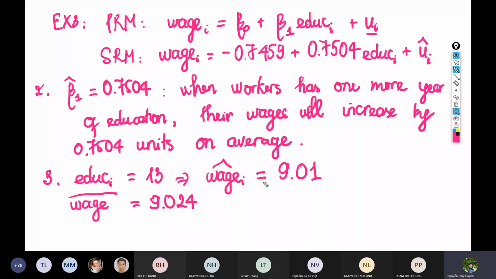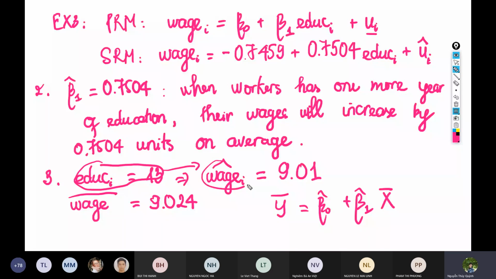Do you remember one characteristic of the sample regression model is that it passes through the sample mean of x and y, which means that the sample mean of y is equal to beta 0 hat plus beta 1 hat times the sample mean of x. Here we should have wage equal to the sample mean of y, but because we have some rounding.